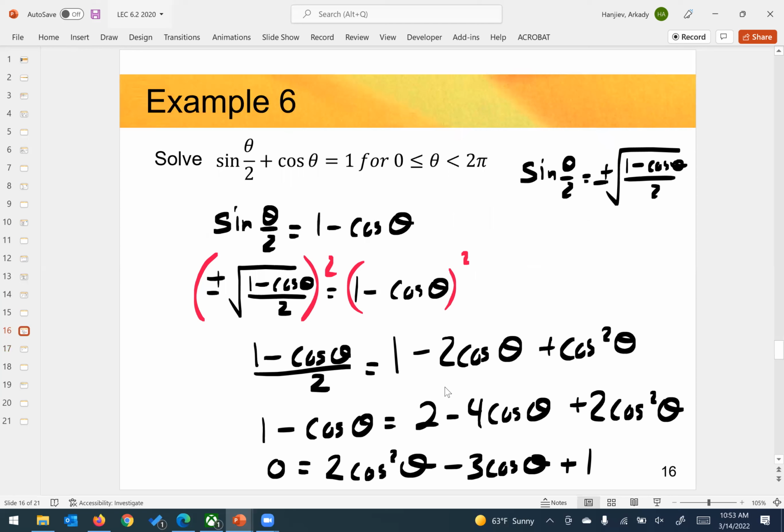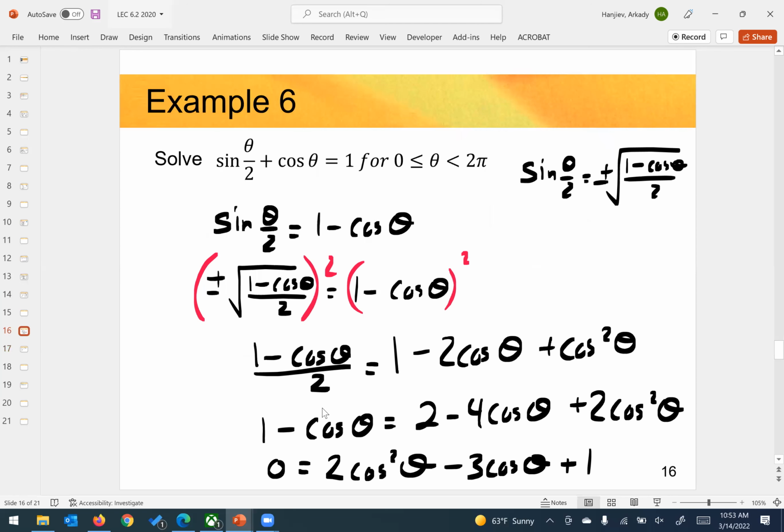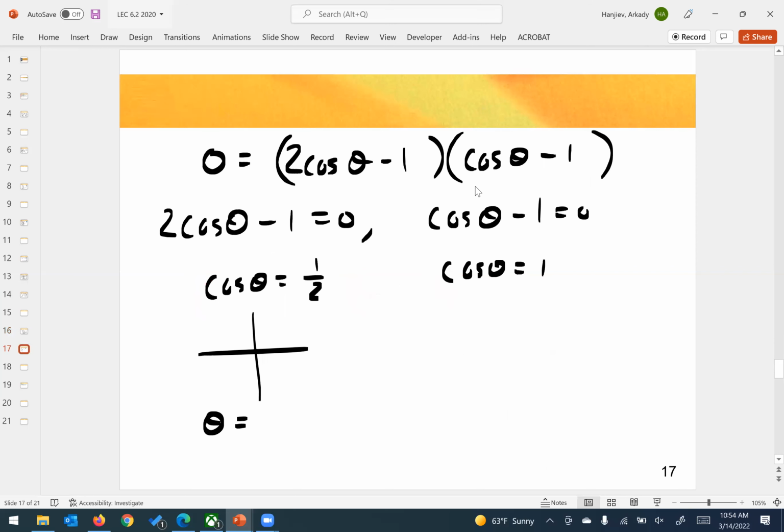Good, good. Why is it the 1 minus cosine theta on the other side of the equation? We just put it all on the inside. So we added cosine and we got exactly 1. Okay. Cosine is equal to 1/2 here.